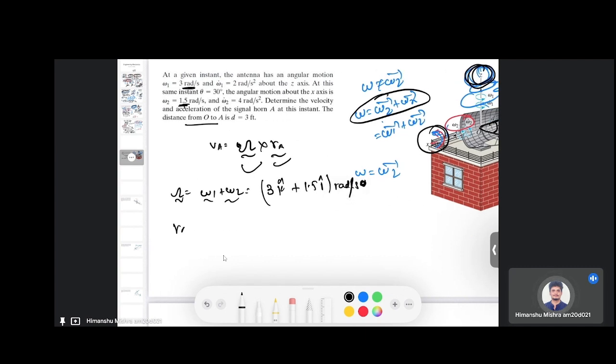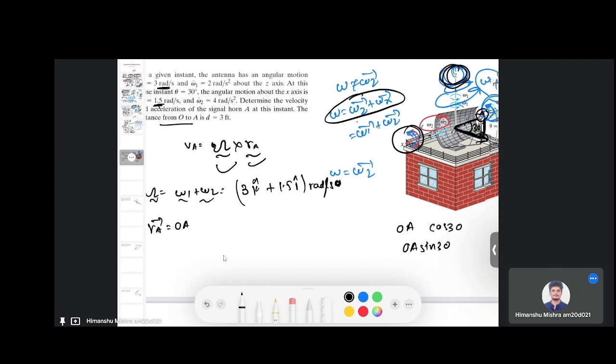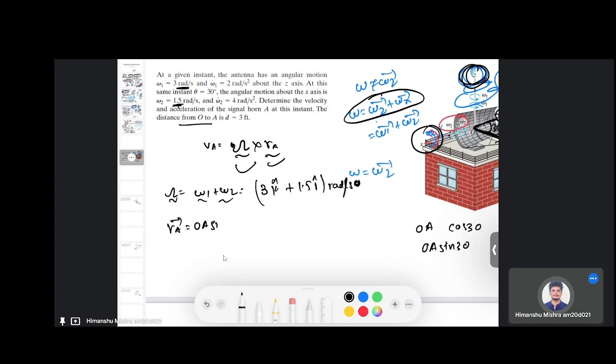And what is the position vector? So it is OA. This is my y-axis, so along the y-axis it will be OA cos 30, and along this z-axis it will be OA sin 30. So basically we are just taking out the components, so it will be OA cos 30 j cap, OA sin 30 k cap.